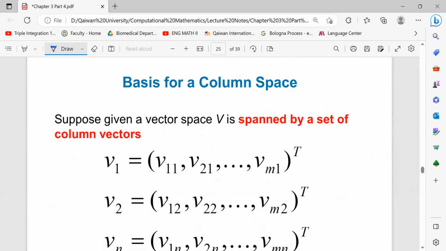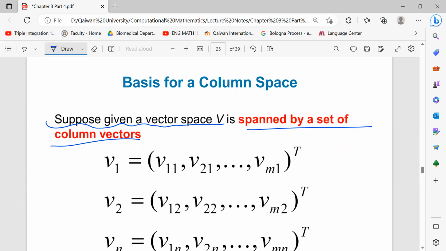Then the basis for column space, it's the same. But here, arranging the rows and columns is different from the above one. Here, we say suppose given a vector space V spanned by a set of column vectors. That means the first vector is column 1 in the matrix.